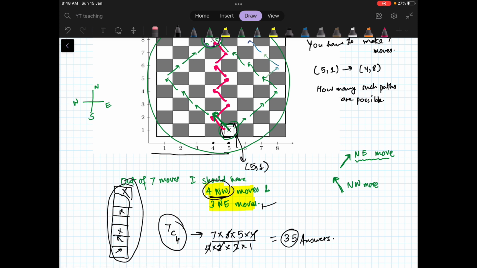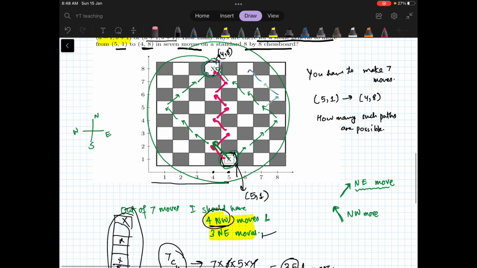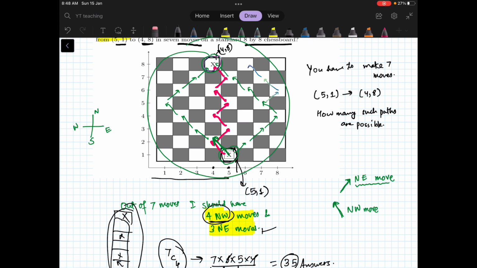Okay, so what I am doing here, I know that I have to make seven moves. So for example, for this particular path, I am fixing this 1, 2, 3, 4. Then this is one path. Like if I'm looking for all the paths where these are the fixed northwest moves.